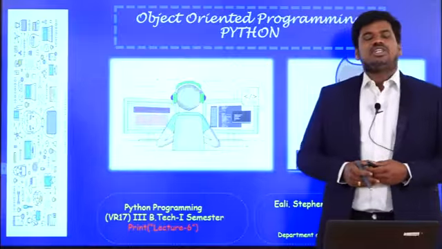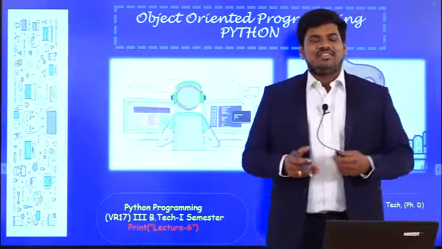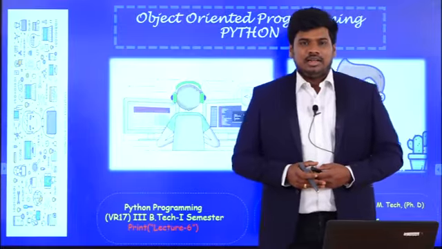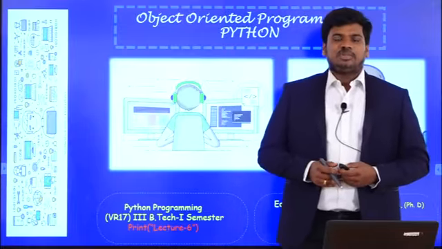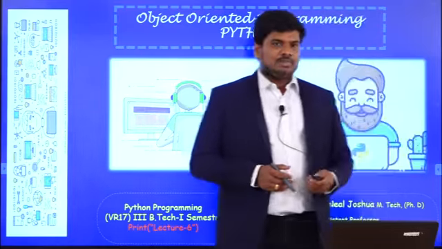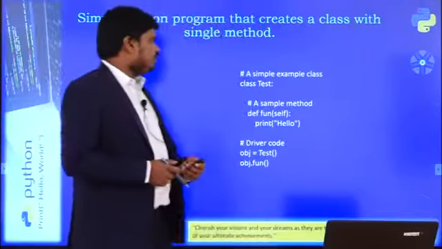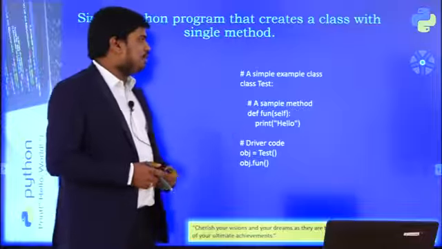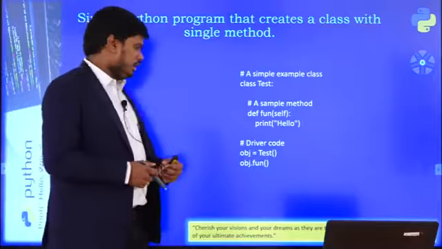Before jumping into the concept of the self keyword and the init method, I just want to explain a small Python program using a class. Observe carefully, this is a sample example.